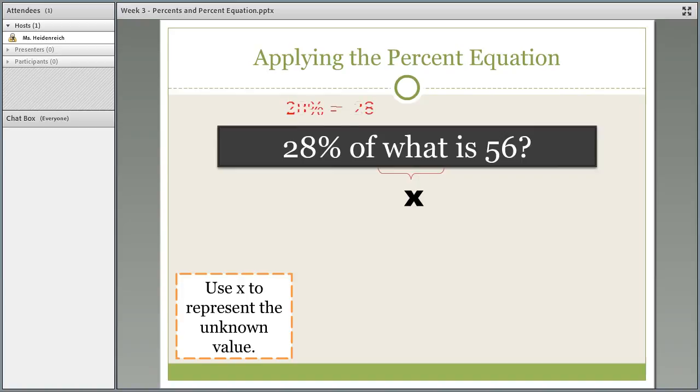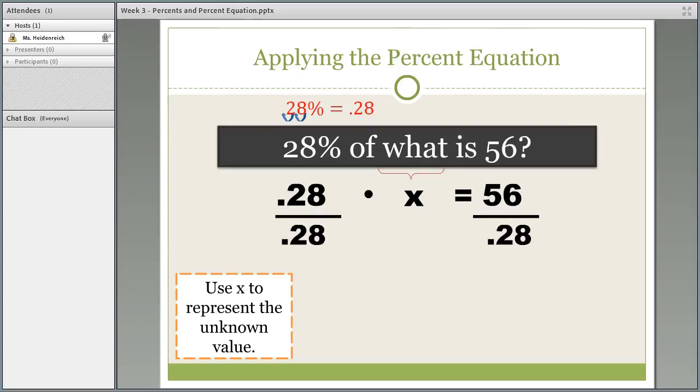So we're going to change it to 0.28. And then I'm going to put that in there on my new equation. And then we need to translate the word of to multiply. Is will translate to equals, and the 56 we can just write as it is. So now I have the equation, 0.28 times x equals 56.